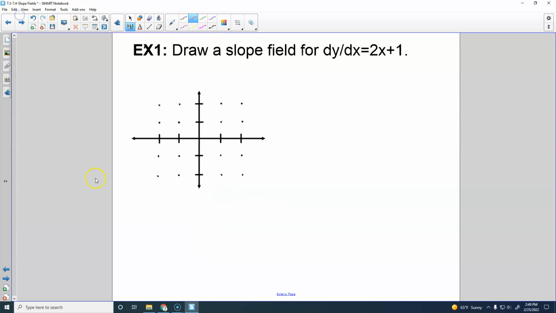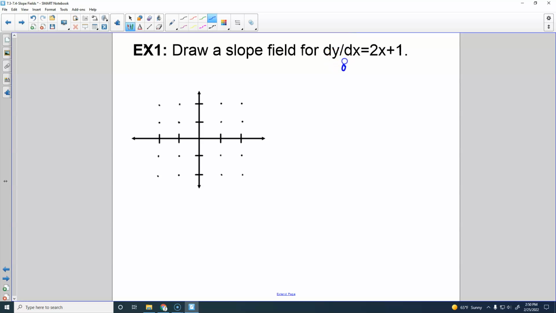So let's talk about what it means to draw a slope field. And this is a little bit tedious. We could solve this one first because this is one that we do know how to solve. But I'm not going to yet anyway. But I guess if we wanted to, we could solve it just to see what the solution is.